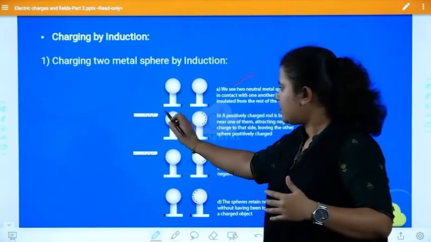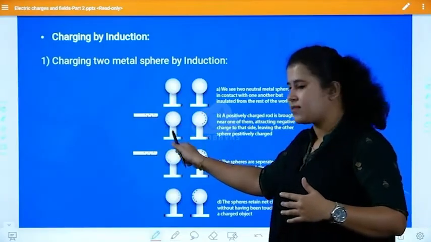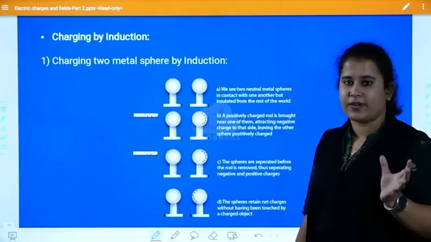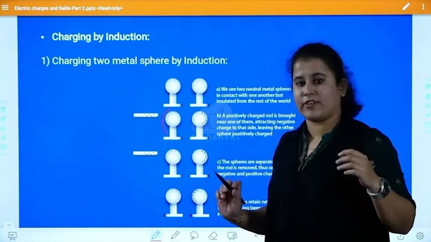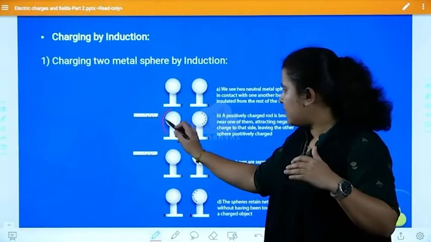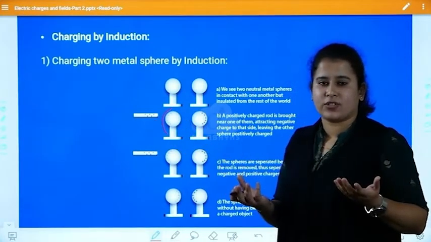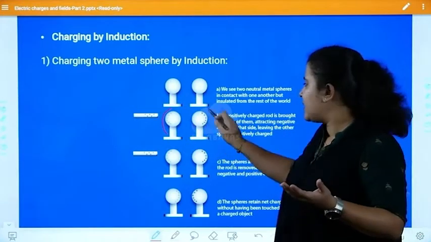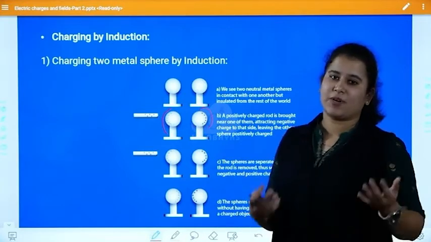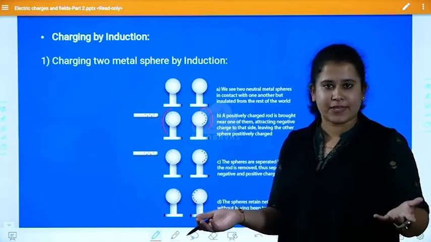Because of the positivity, the negative charges come to the outer sphere, whichever is nearer to the positively charged rod. The negative comes near the positive because they have attraction, as unlike charges attract, and the other sphere automatically becomes positive because repulsion happens and positive gets repelled.